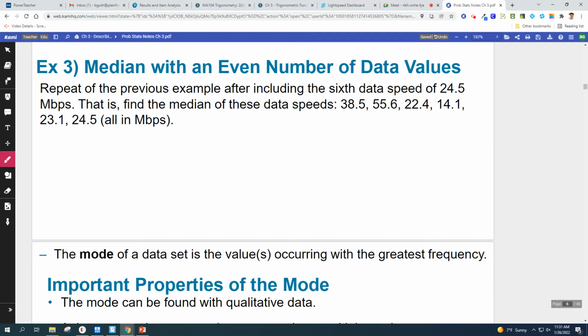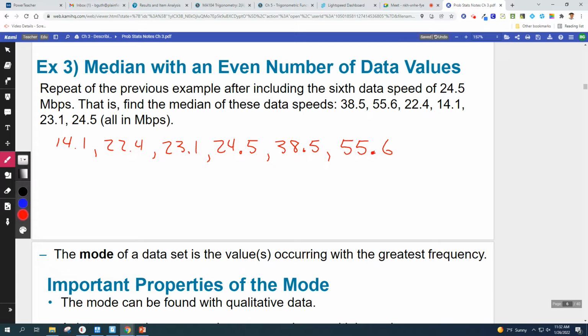Number 3 says repeat the same thing, but now we've got 6 numbers. So again, we want to put them in order. 14.1, 22.4, 23.1, 24.5, 38.5, 55.6. This time there's an even number of numbers.